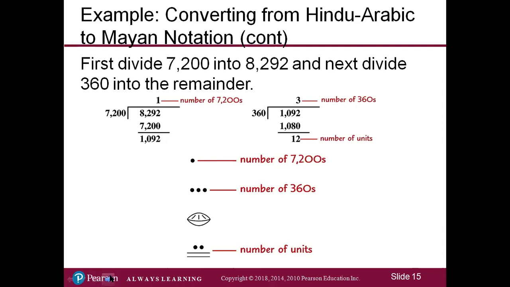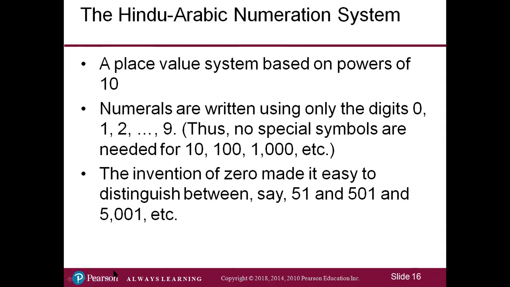All right, the Hindu-Arabic numeration system, I call it our system. When I was growing up, it was called the Arabic system, and it's the base 10 system. So whatever you refer to it as, it's our base 10 system that we've grown up knowing. A place value system based on powers of 10. The Hindu-Arabic system is a place value system based on powers of 10.